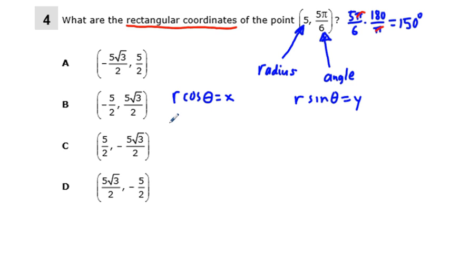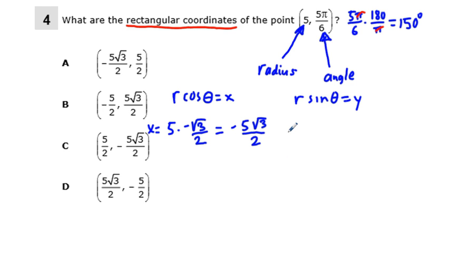So we can take 5 times, and I happen to know that the cosine of 150 degrees, or 5 pi over 6, is negative square root of 3 over 2. So x equals 5 times negative square root of 3 over 2, which equals negative 5 square root of 3 over 2.